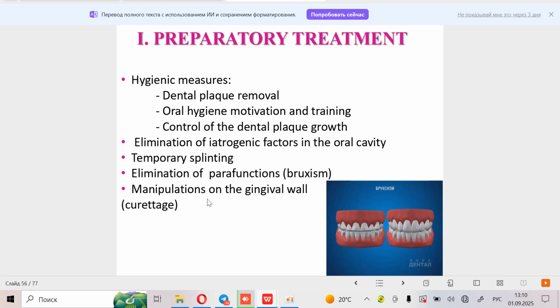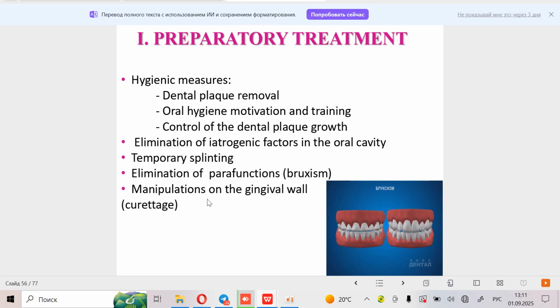The initial therapy consists of eliminating etiological factors, particularly irritation factors such as dental plaque, iatrogenic factors, and potentially harmful habits. This stage is called initial because it is the most important and effective method of periodontal treatment.